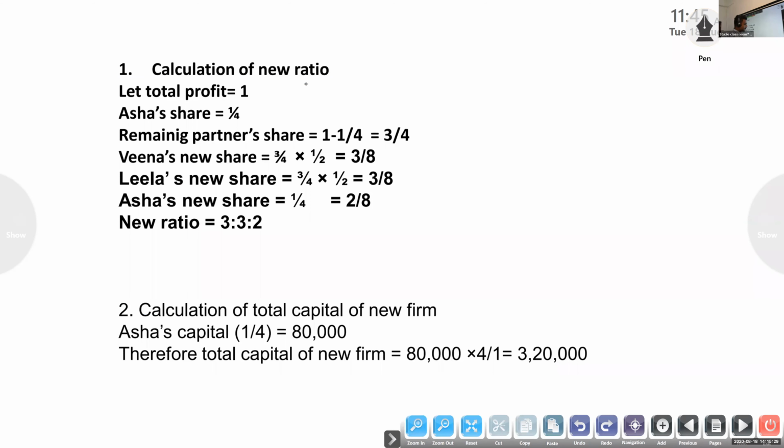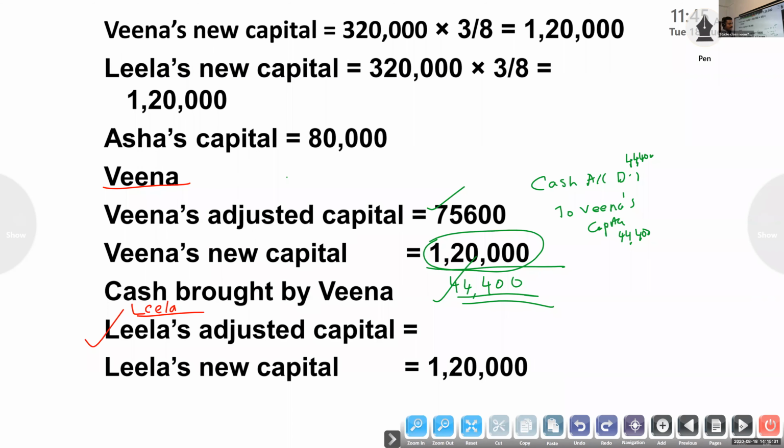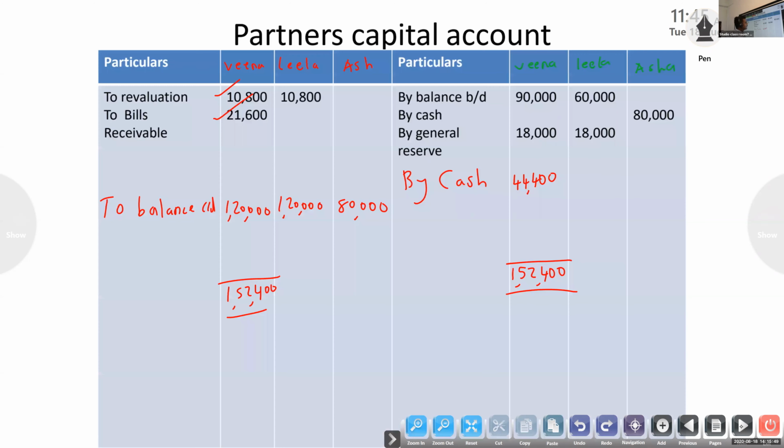That difference is the adjusted capital.